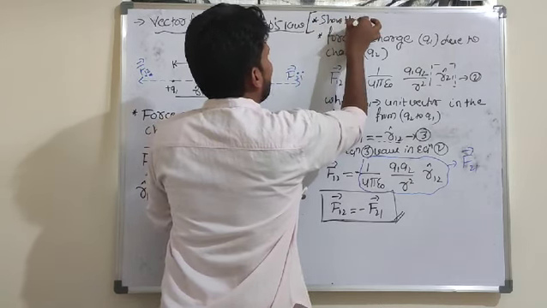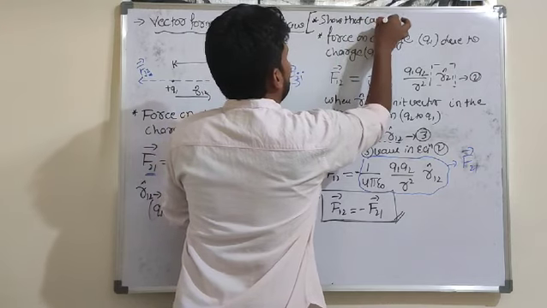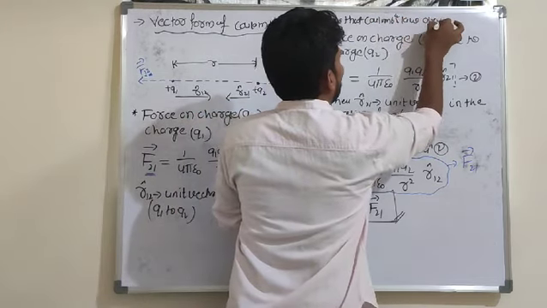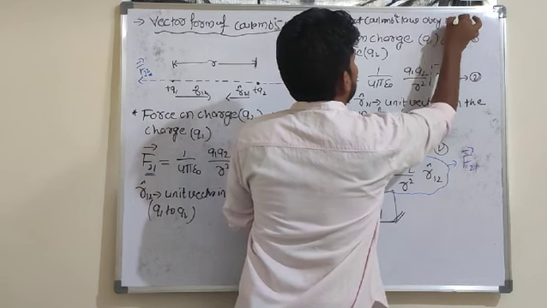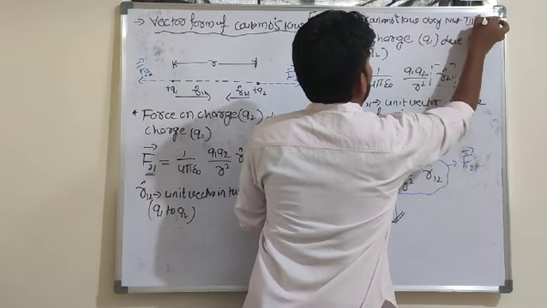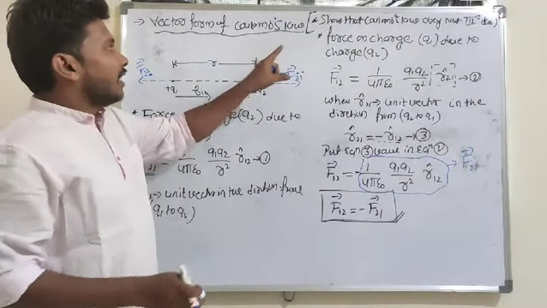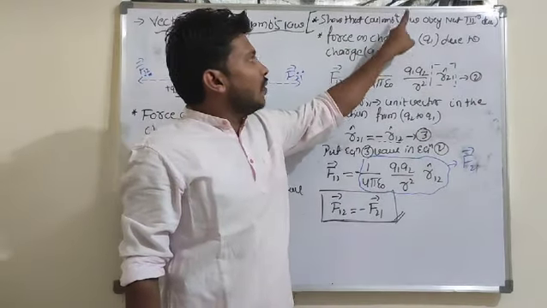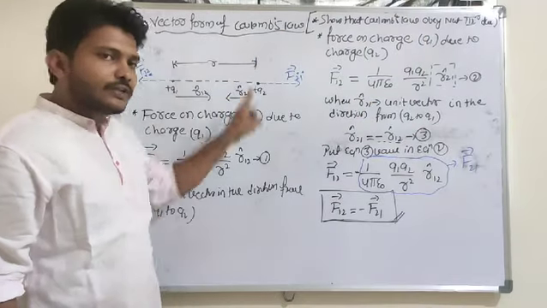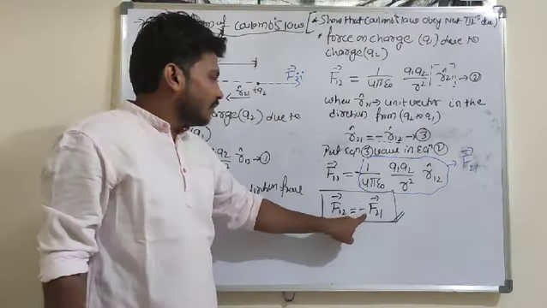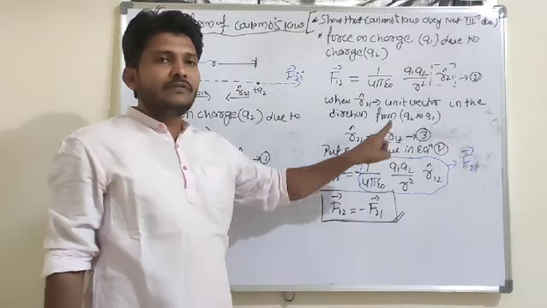So what is your answer here? In order to show that Coulomb's law obeys Newton's third law, you just write the vector form of Coulomb's law: F of 1 to 2 is equal to minus of F of 2 to 1.